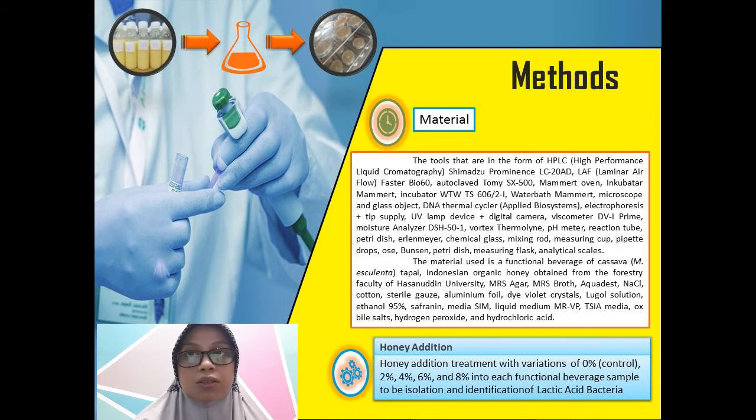And the materials used are functional beverage of cassava tapai, Indonesian organic honey, MRS agar, MRS broth, aquades, NaCl, cotton, sterile gauze, aluminium foil, crystal violet, lugol, ethanol, safranin, SIM media, liquid MRVP media, TSIA media, oxbile salt, hydrogen peroxide, and hydrochloric acid.